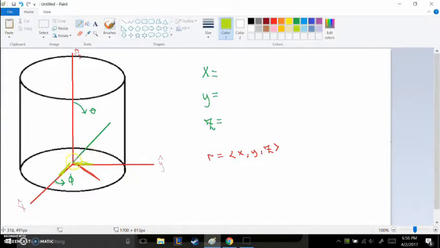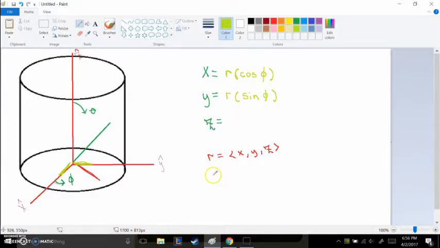The components are a distance r multiplied by its projection on the x and its projection on the y. So this x is equal to r multiplied by its projection on the x, which is cosine of phi. Our y is equal to r times its projection on the y, which is sine phi.